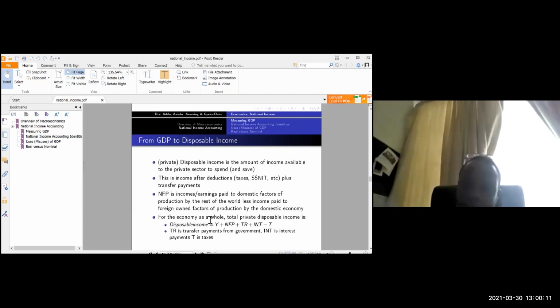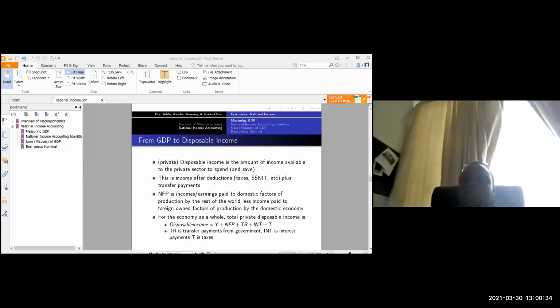Okay. So to this point, just keep in mind that disposable income equals your Y plus NFP plus your transfers, the transfers that you receive. Your interest, your taxes. Okay. This is straightforward.